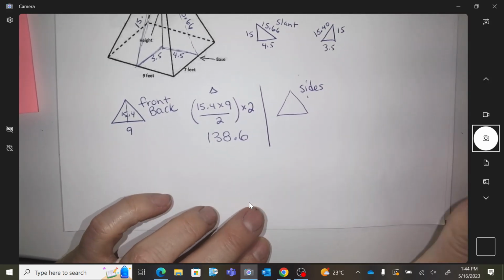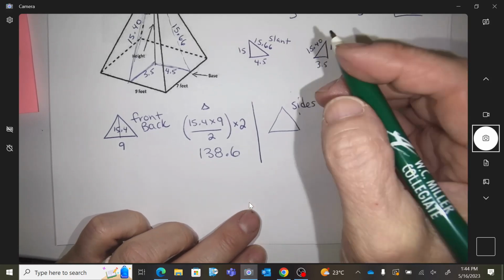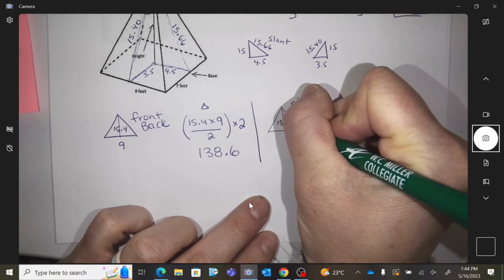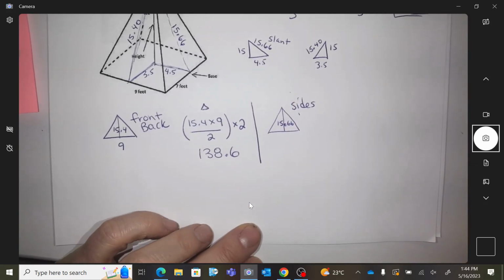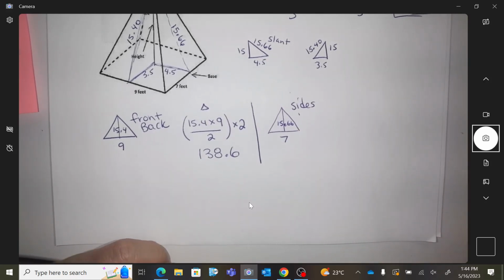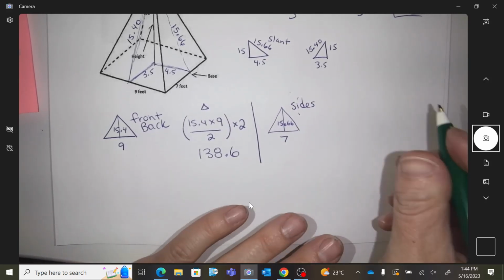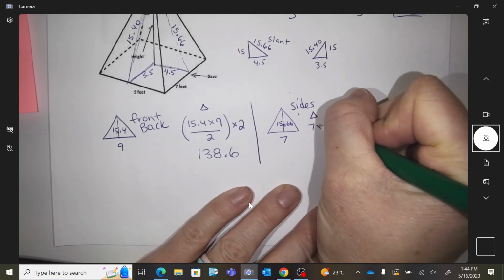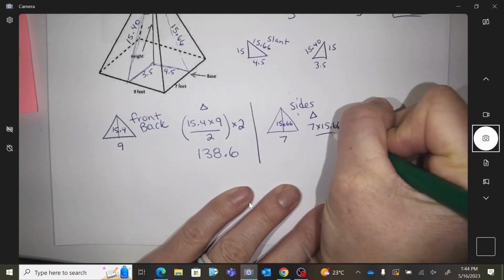Okay, now what does your triangle look like on this side? So this on the side was 15.66 tall. And the side was 7 on the bottom. So the triangle would be base times height over 2.